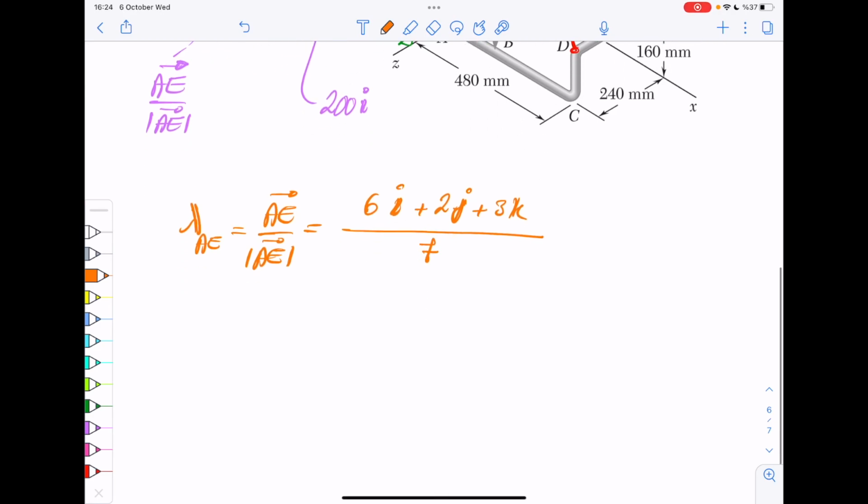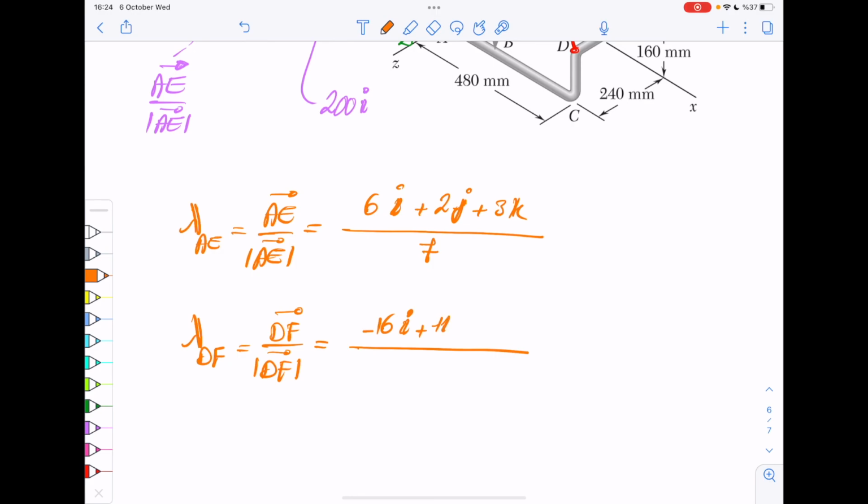So that is lambda AE. Lambda DF would again be DF divided by its magnitude. That would end up with something like minus 16 in the I direction, 11 in the J direction, and minus 8 in K direction, divided by 21.